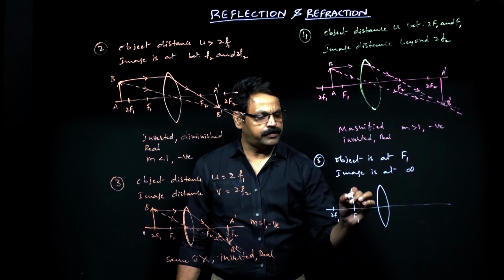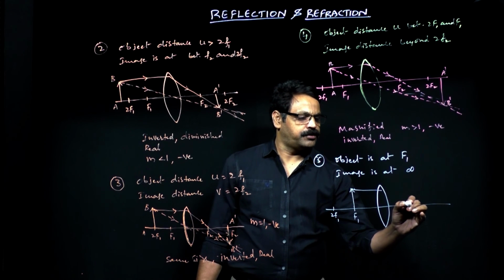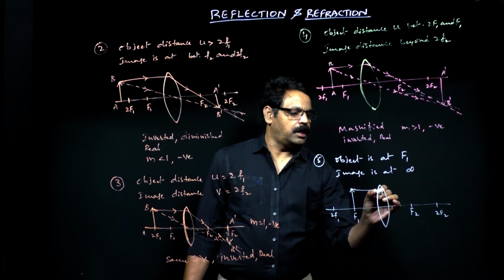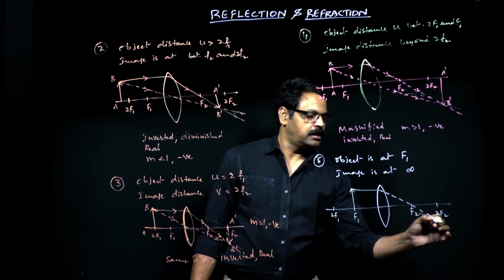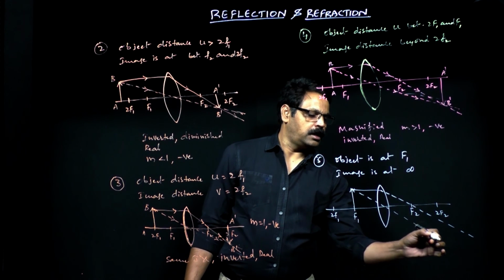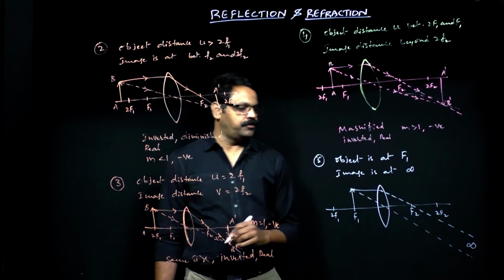On the other side this is f2 and this is 2f2. The rays go in this manner and never meet, which means the image is formed at infinity.